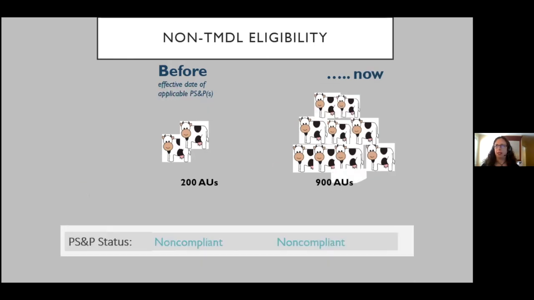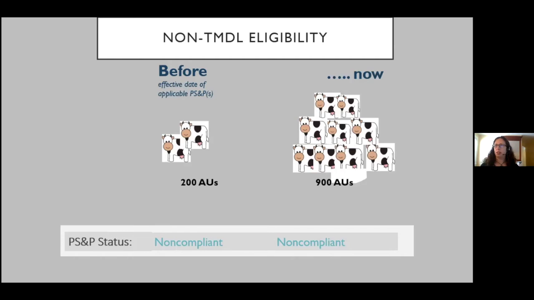In this last example, the facility has undergone significant expansion. So like the previous scenario, the site was in existence and continuously non-compliant since the effective date of the applicable NR 151 performance standards. However, unlike the previous scenarios, the number of animal units has increased from 200 to 900.